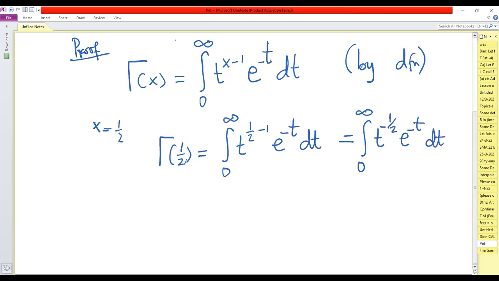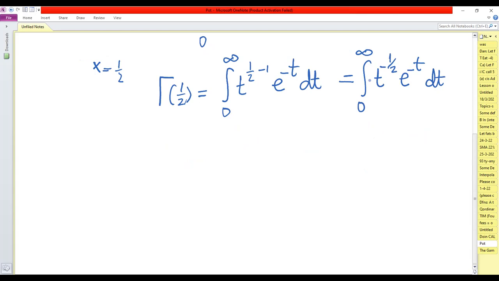Now, to be able to evaluate this integral, we are going to do a u substitution, but the u substitution will be taken in such a way that it will help us to eliminate the variable t from the integrand. So we'll say let t raised to power half be given by u.